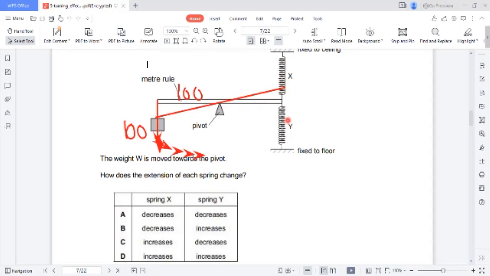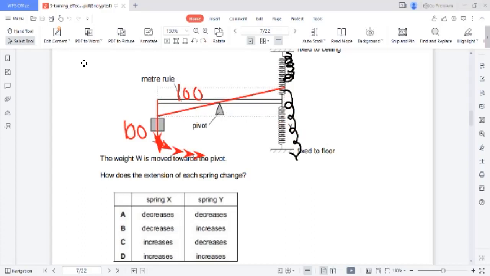So the upper part, X, would be a little compressed, and the lower part, Y, would have a little extension. Now we were talking about when the weight is moved towards the right.